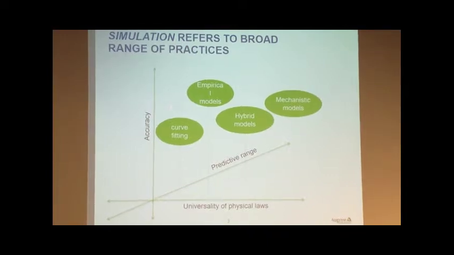On the y-axis, I have the accuracy of the methods. This is very notional. This is not meant to be precise. You could argue with these bubbles, and they depend on almost everything, but I think the concept is important. And then on the z-axis is the predictive range. So the predictive range would mean how much can I go from a scenario that I've already studied experimentally or that I know the answer to, to something that looks different.